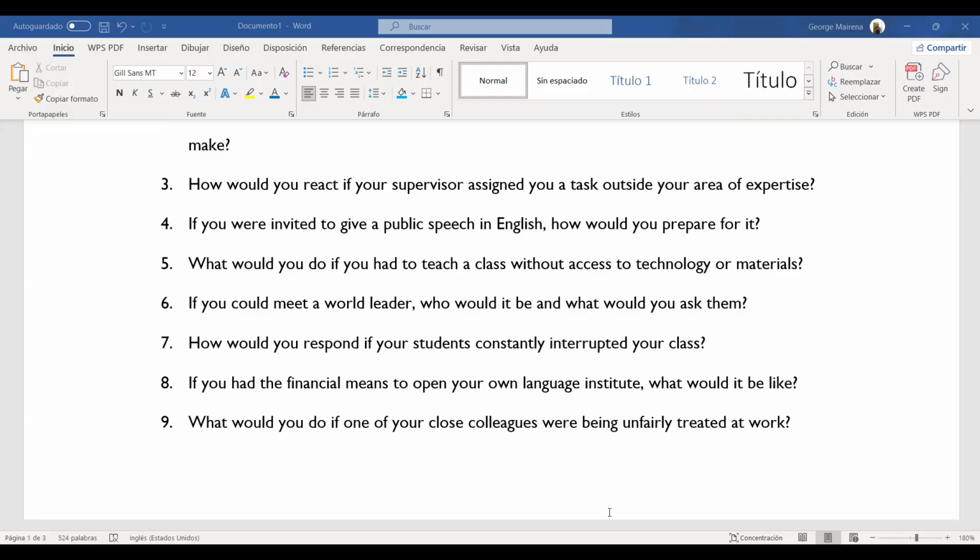Very good. Okay. Let's see the next question. If you had the financial means to open your own language institute, what would it be like?